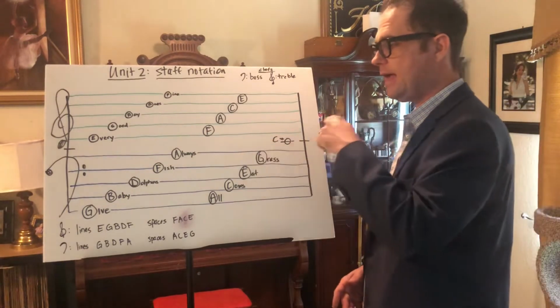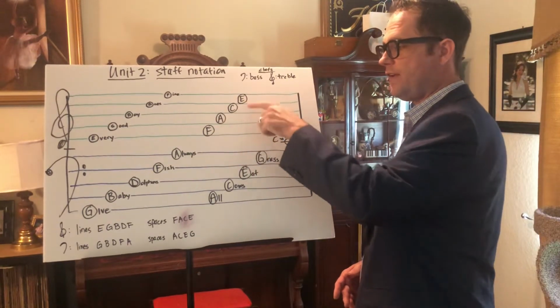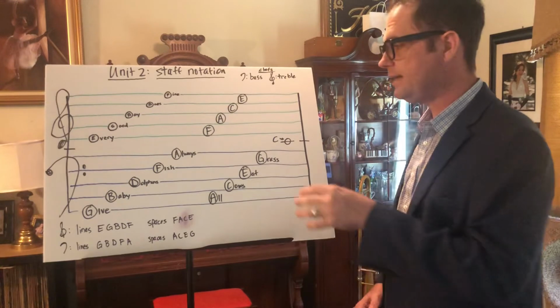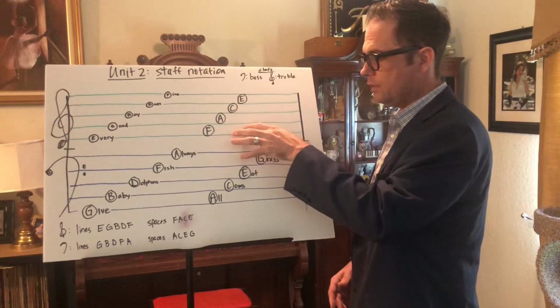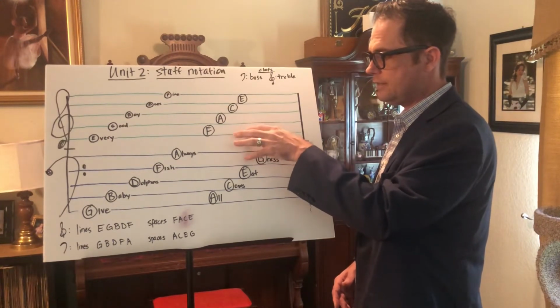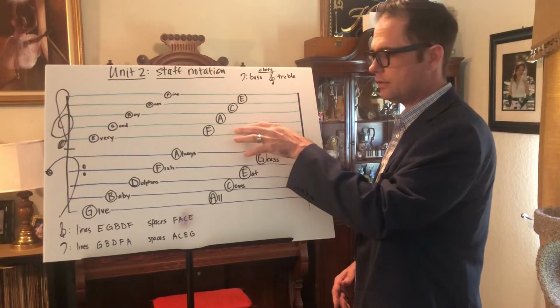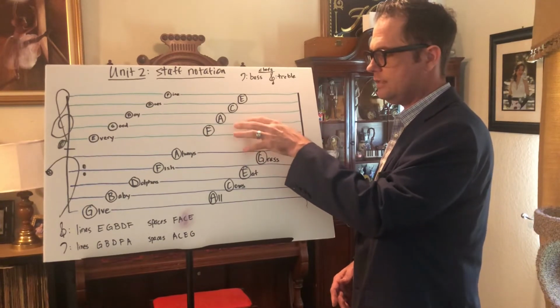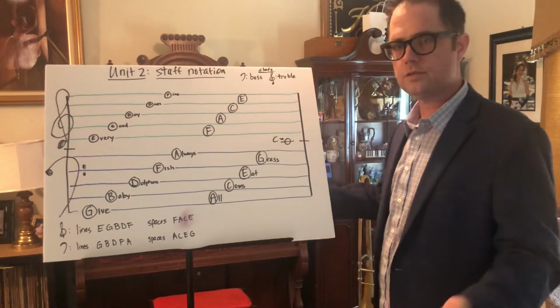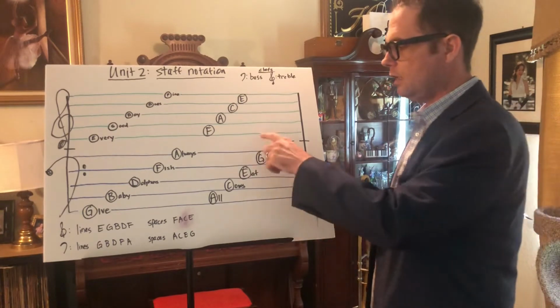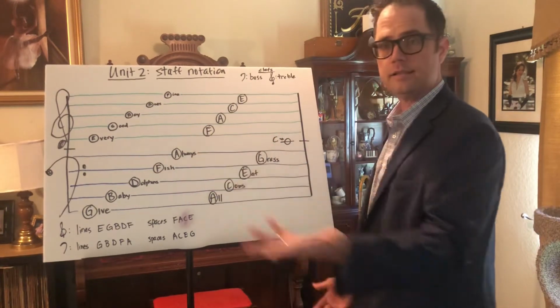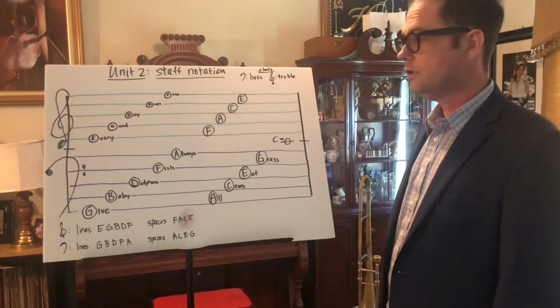Let's start with FACE. FACE is the spaces. The space is the space in between the lines, so that's kind of easy to remember. The lines, just like they sound, are lines.